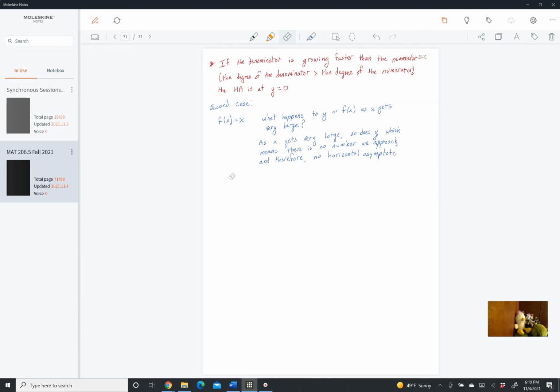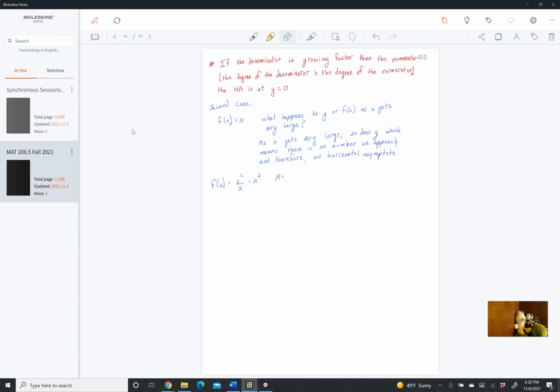Let's take another example of a function. Let's say that we have f of x is equal to x cubed over x. Well, here, x cubed over x simplifies to x squared. This is actually equal to x squared.